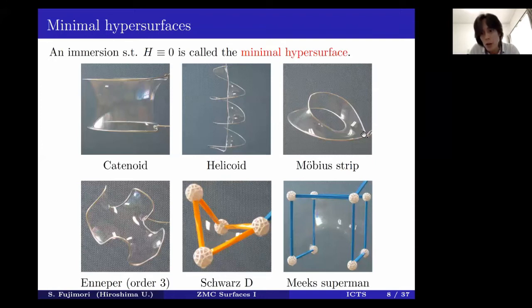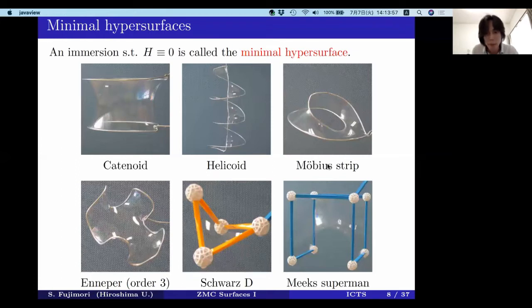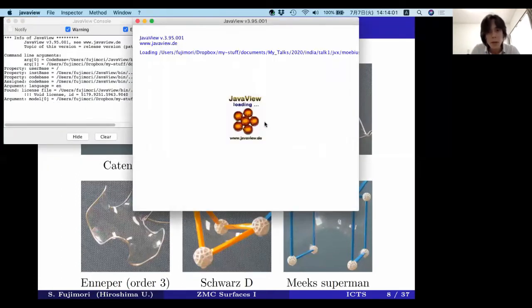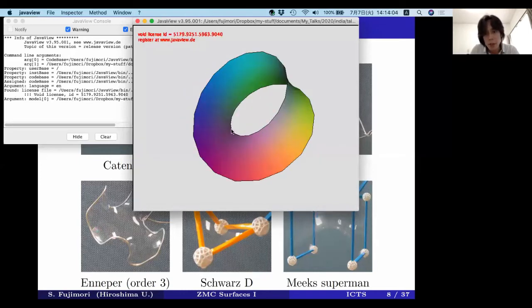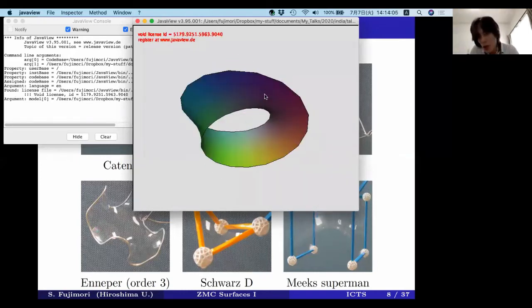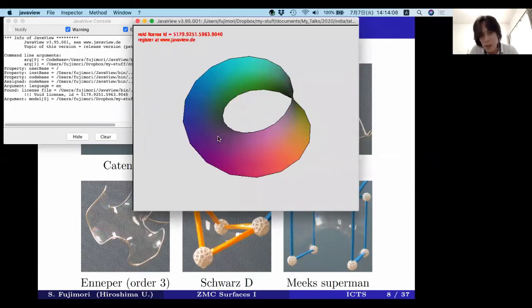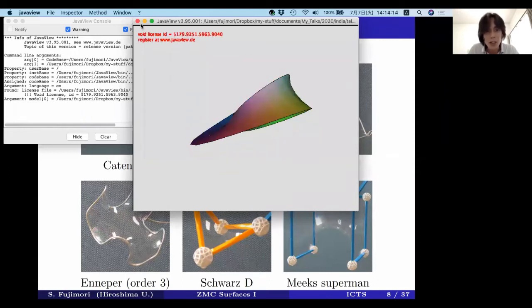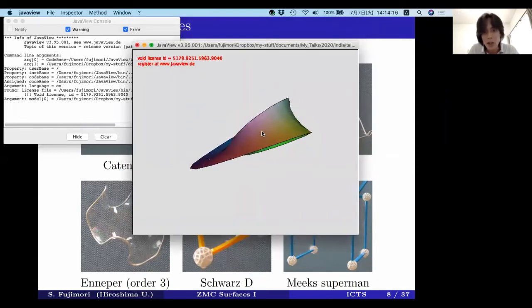And also a circle, but wrapping twice, we have the Möbius strip. Yes, this is a minimal surface. For a non-orientable surface, mean curvature cannot be defined, but zero mean curvature can be defined. So this is a non-orientable minimal surface.